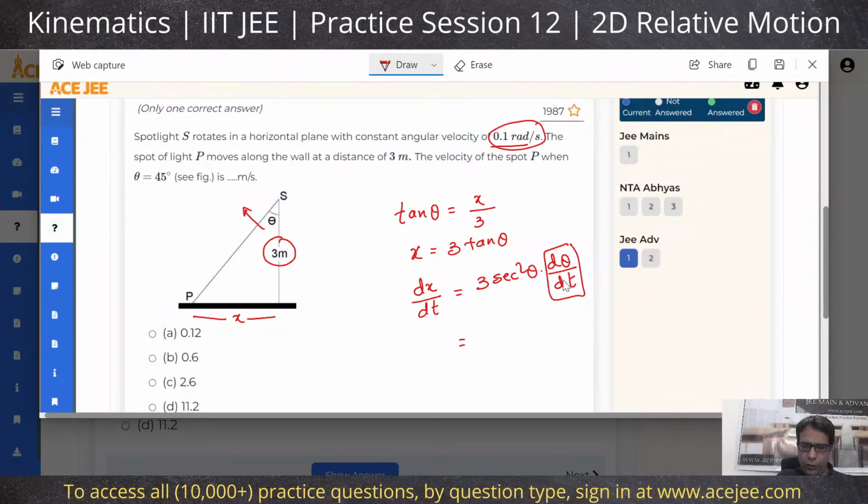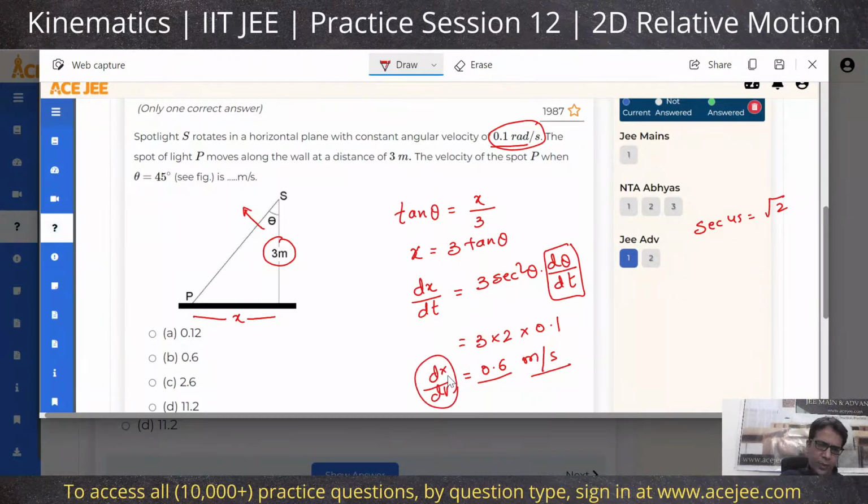Or secant square, what is secant 45? Root 2. Root 2. Okay, so we get 3 into 2 into 0.1, that is 0.6 meters per second. So that is the speed at which the spot is moving along the wall.